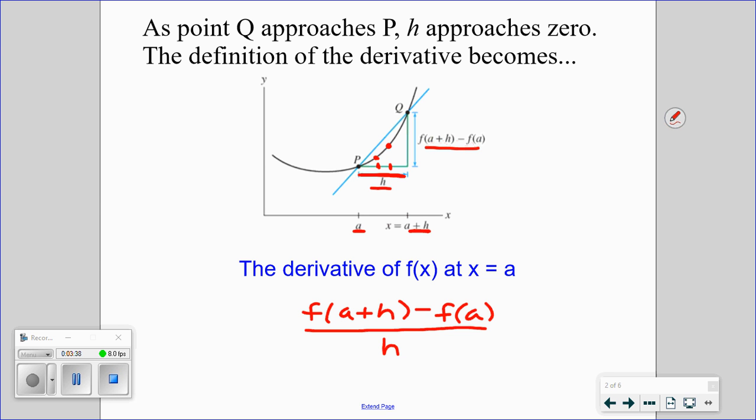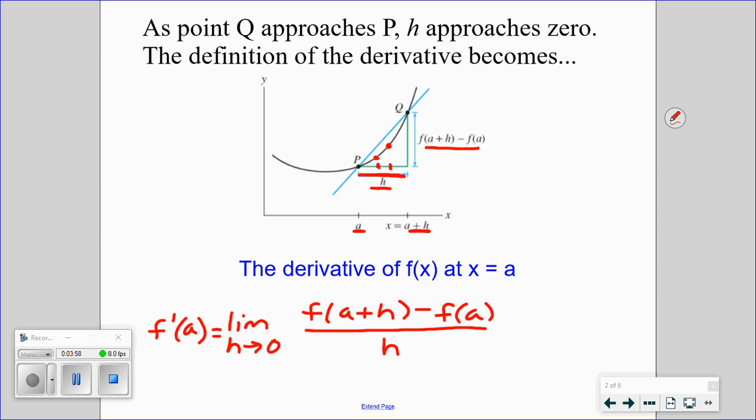And so we can say that this is the limit as h approaches 0, and this would equal the derivative at x equals a. So this is just a little bit different way to represent that same definition.